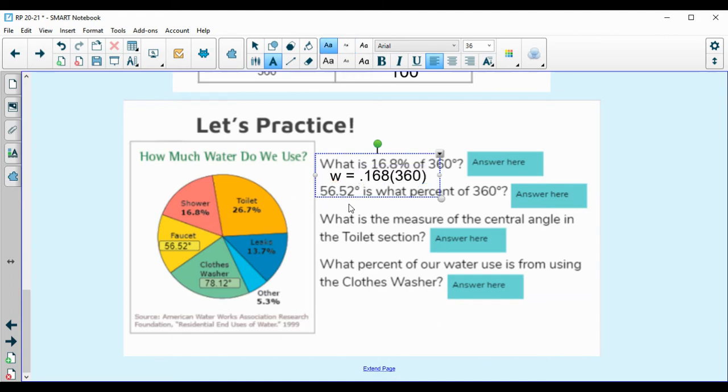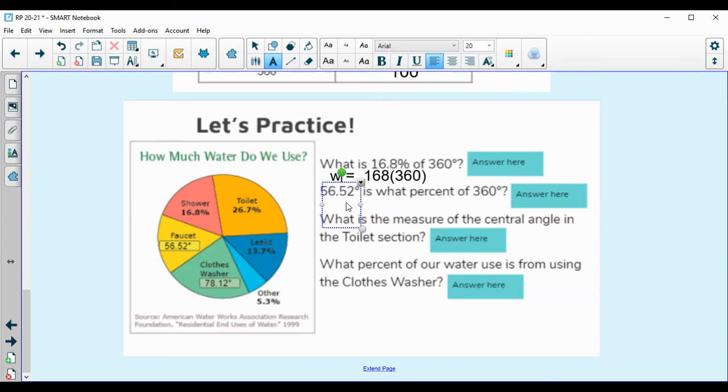Now, here is another question set up similarly, but you're going to notice that I have a little bit different information in this one. So here they've actually given me the central angle measure for one of the sections. And that section is for the faucet, how much water use comes from the faucet. It says 56.52 degrees is what percent of 360 degrees.